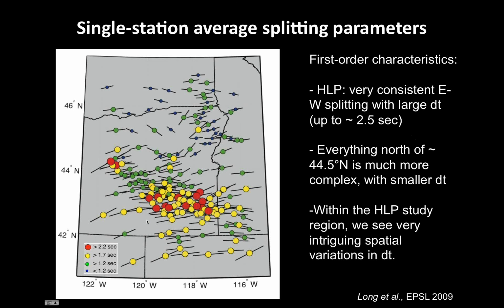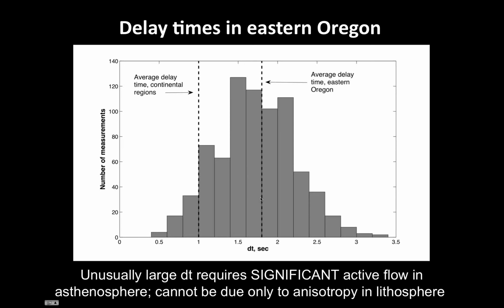You go a little bit outside of that, and there's this group of stations shown in yellow that have averages above 1.7 seconds, and then particularly up a little bit to the northwest along the HLP track, there's a group of stations that tend to have somewhat lower delay times, and then there's a group of stations here just to the north of Newberry Volcano that again have these large delay times. So the fast directions look very coherent throughout the region, but we see some very intriguing spatial variations in delay times, and I'm going to come back to that towards the end of the talk.